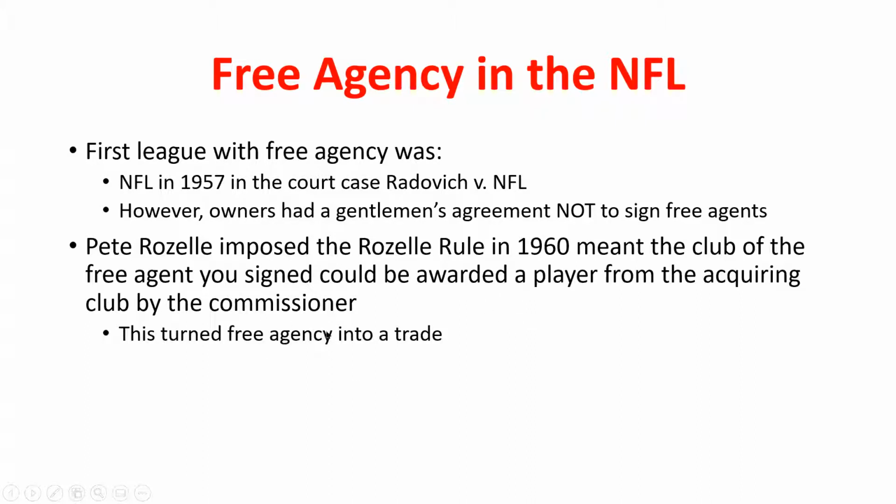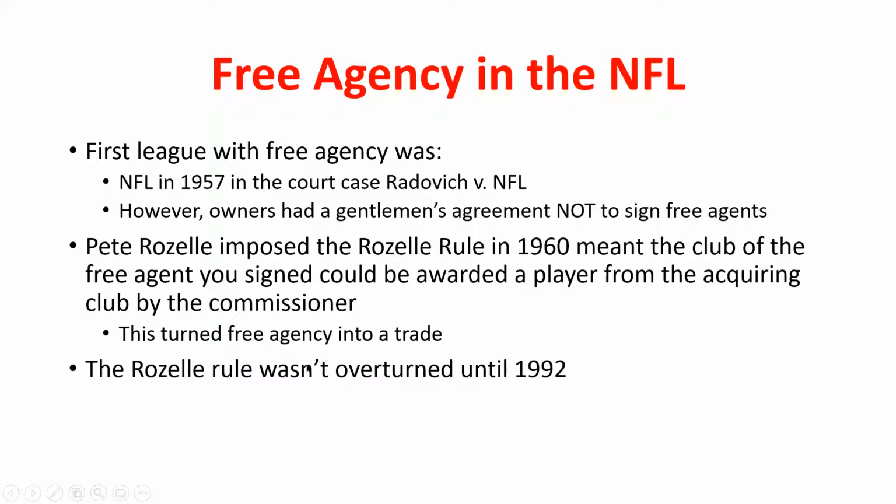So basically, it turned into a trade, right? Because now if I sign that free agent, I'm going to have to give up a player to the team that free agent was previously on. So this is similar to the reserve clause in that, well, if I want that player, they can't just go sign with another team. It's going to require that team actually gives up a player and makes a trade for them.